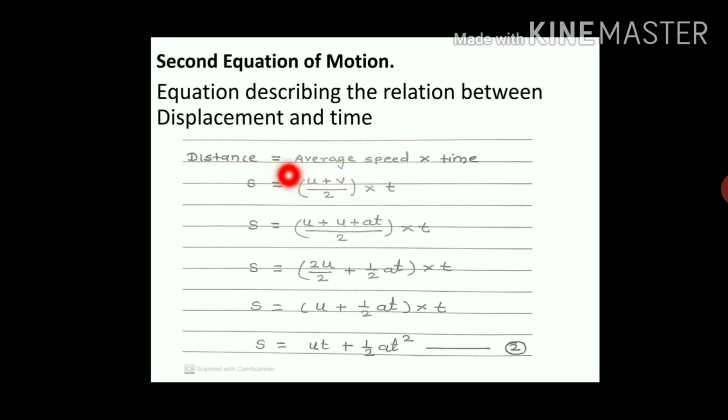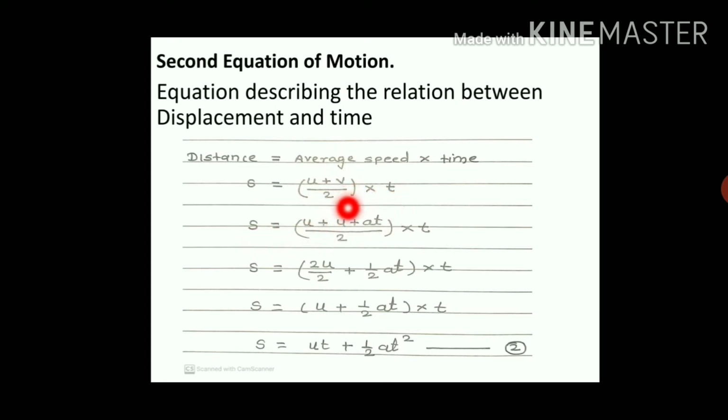Distance is equal to average speed into time taken to change velocity, and therefore s, the distance traveled by the object, is equal to u plus v, that is the initial velocity plus final velocity, divided by 2, which is the average speed of that object, into time.